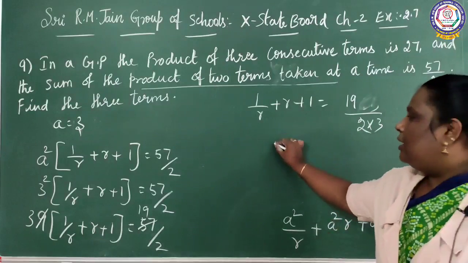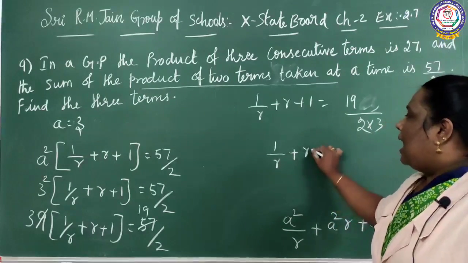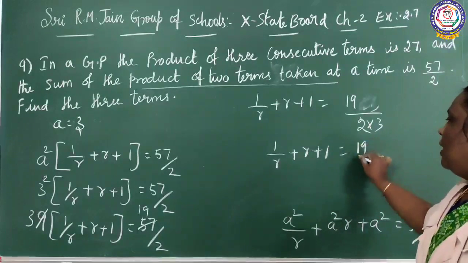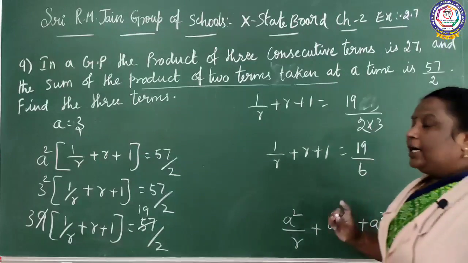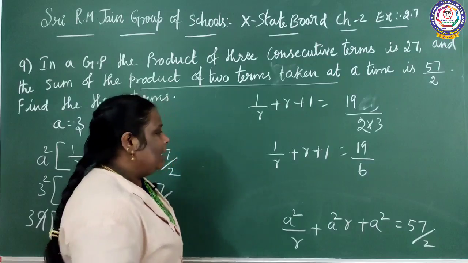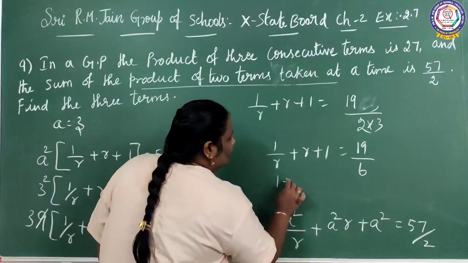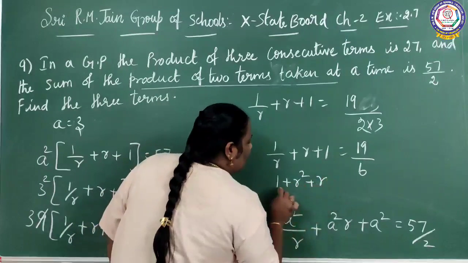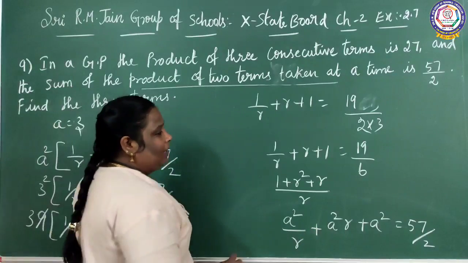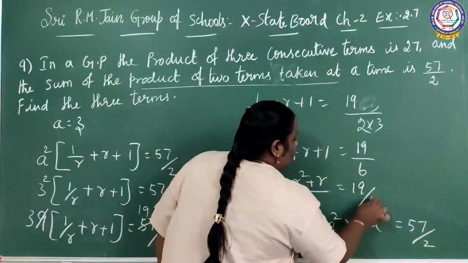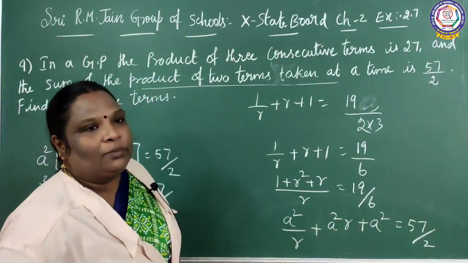So it gives 1 by R plus R plus 1 equal to 19 by 6. Okay, now you can take the LCM: 1 plus R square plus R by R equal to 19 by 6. Do the cross multiplication.